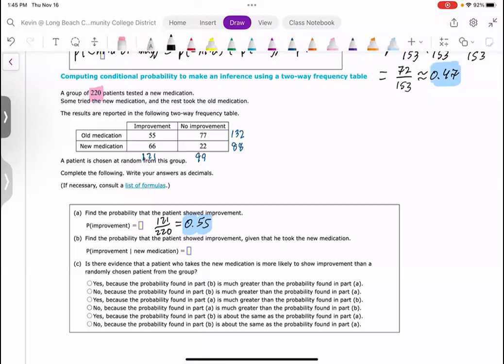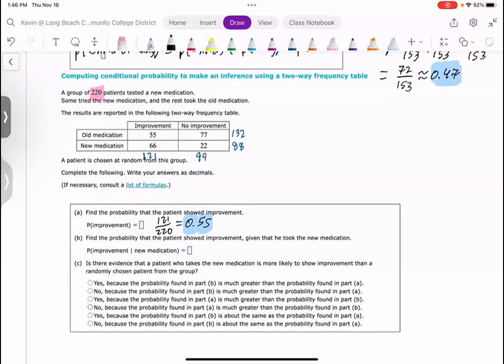Part B. Find the probability that the patient showed improvement, given that he took the new medication. Okay, so that means the numerator is going to be the people that improved with the new medication. So let's see, new medication and improved, that looks like 66 to me. I'm getting that from here.